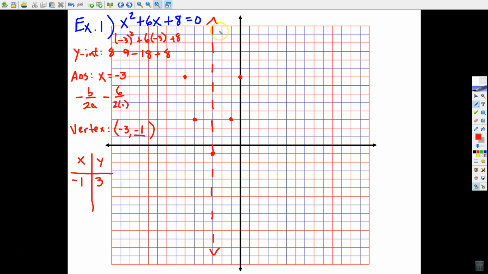And then let's do another input for this value of x, negative 2. If I input negative 2, I get 4 minus 12, which is negative 8, and negative 8 plus 8 is 0. Okay, so negative 2, 0. That means the matching point, corresponding point, is negative 4, 0. So this is the graph of the function.